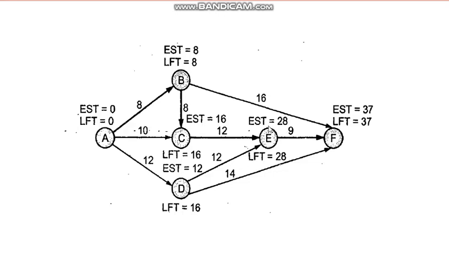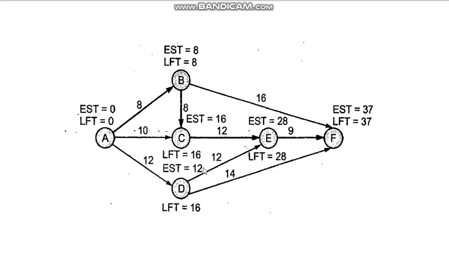Now let us see first this D to E. Now we have to find out the EST. Now from D to E, D's early start time is 12 and its duration is 12.